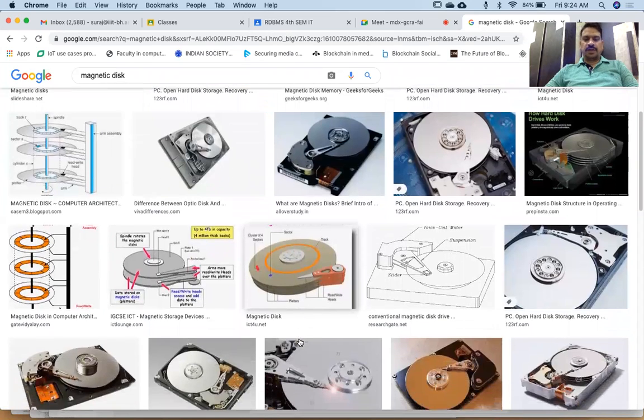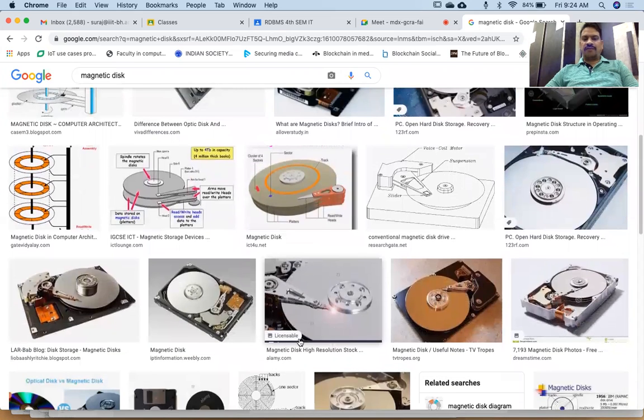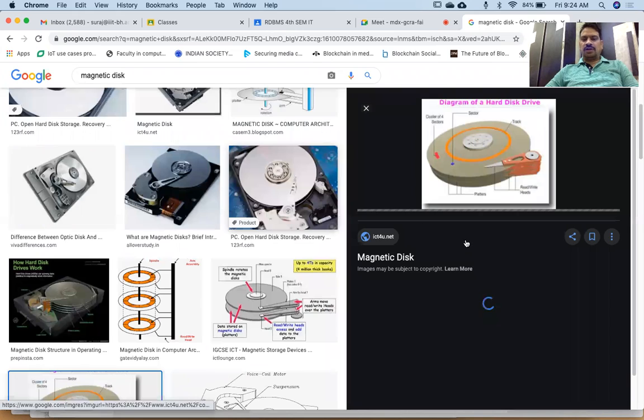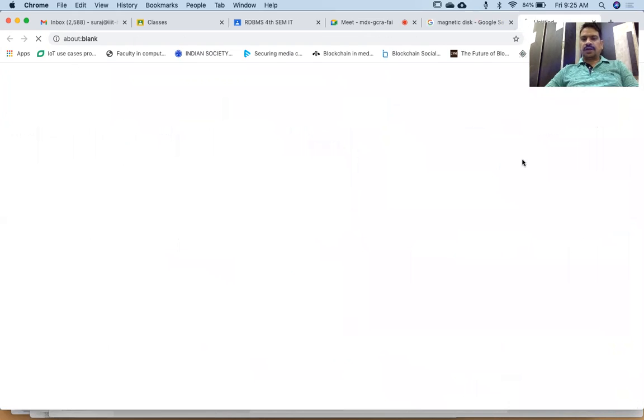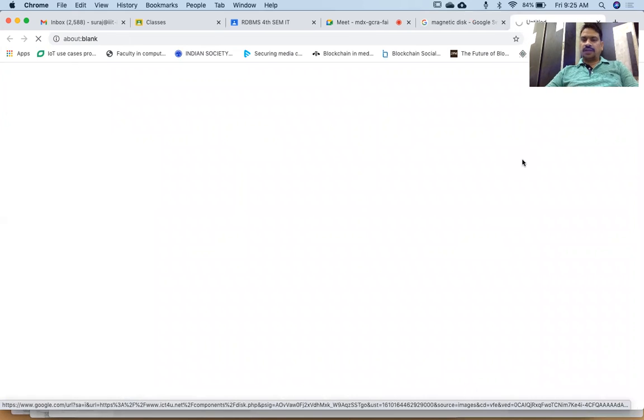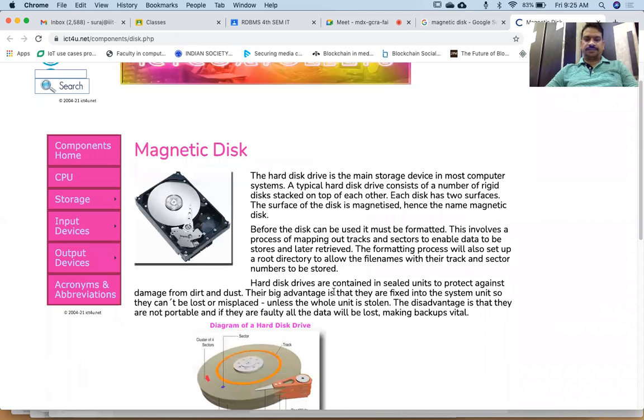Okay, so it looks like this. We have different disks available, and all those disks have two sides, the upper and the lower side. In both sides, we can store the data, the top and the bottom.